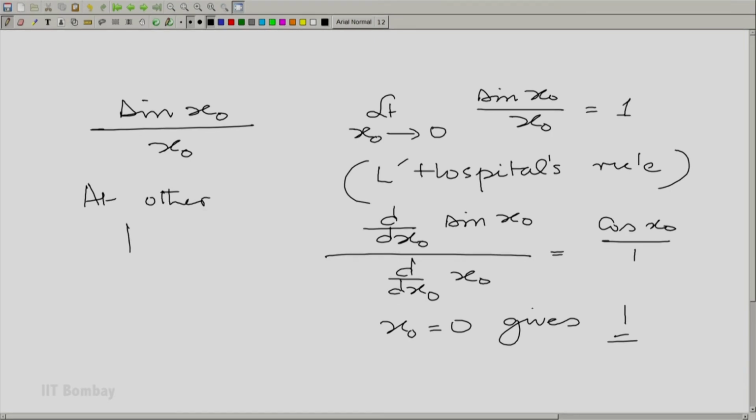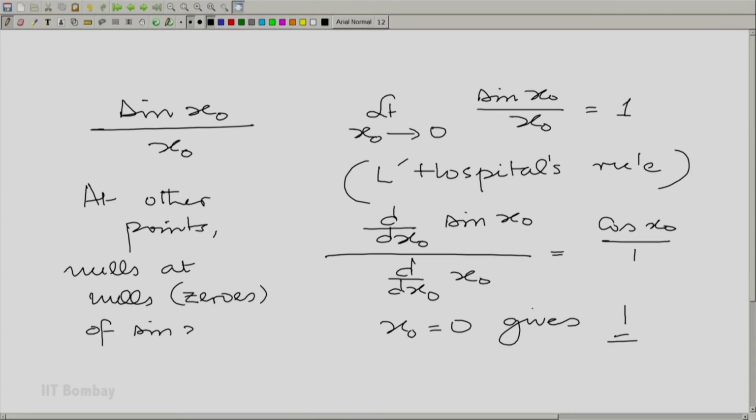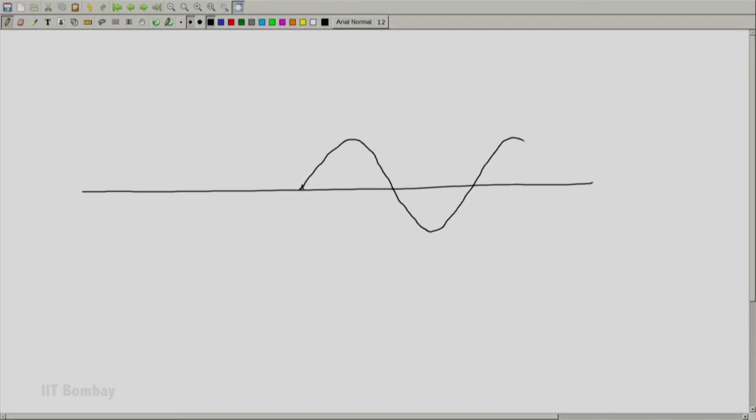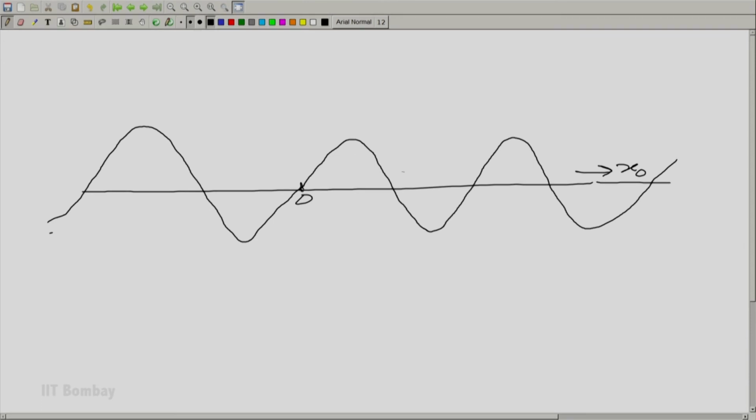At other points, we are going to have nulls. So, nulls occur at the nulls or zeros of sin x. If you look at the expression, this is how it would look. Let us plot them separately. So, sin looks like this and so on.